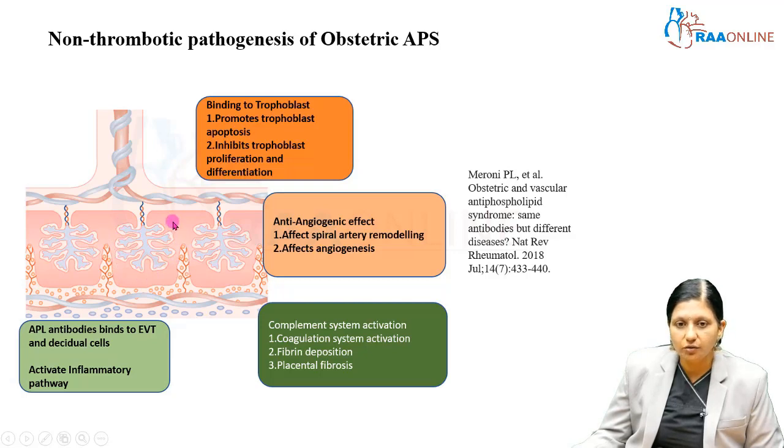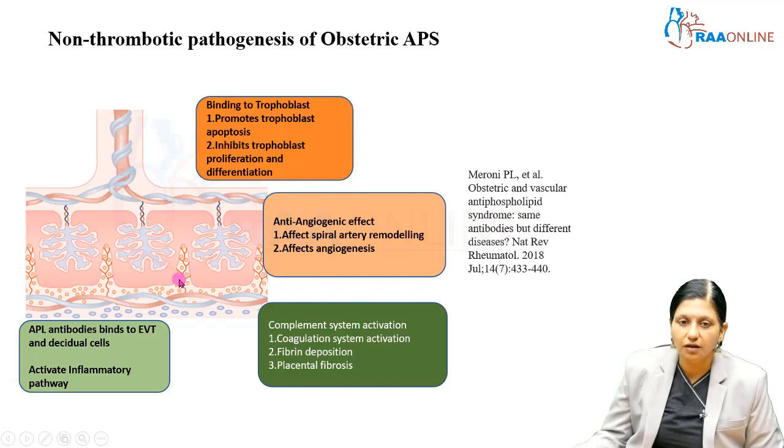In this choriodecidual space, there is a crosstalk between the endometrium and the embryo. And we see that the trophoblast, which is a fetal tissue, gets bound by antibodies. These antibodies can cross the feto-maternal interface, and when they bind to the trophoblast, the antiphospholipid antibodies can promote trophoblastic apoptosis. They can inhibit trophoblastic proliferation and differentiation.